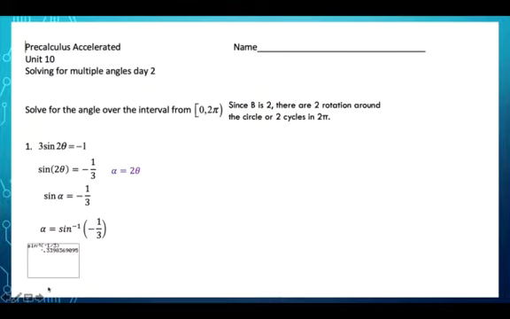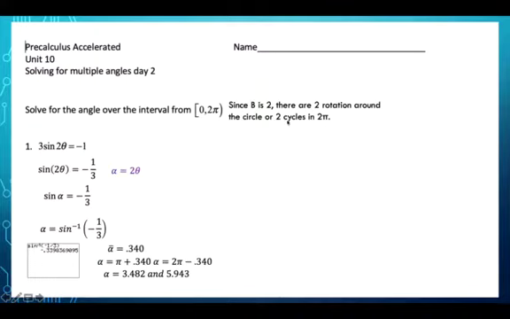So my reference angle is positive 0.340. Where is sine negative? Sine is going to be negative in quadrants 3 and 4. So when I have my reference angle, I need to remember I'm going to add that to pi to get my quadrant 3 angle and subtract it from 2 pi to get my quadrant 4 angle. So my two angles are 3.482 and 5.943.